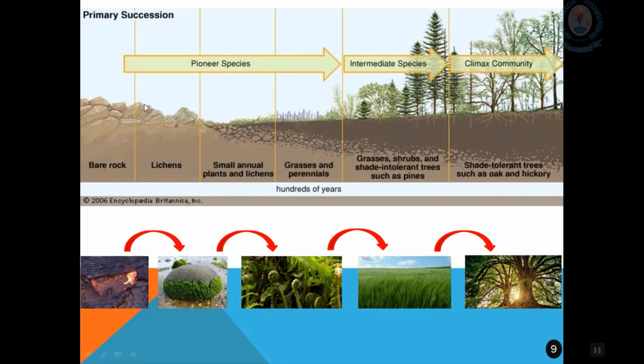So as you can see in this illustration, the primary succession starts from bare rock which came from a volcanic eruption, then it will pave the way for the lichens and mosses to spread themselves on the land, and gradually it will become a luscious environment.